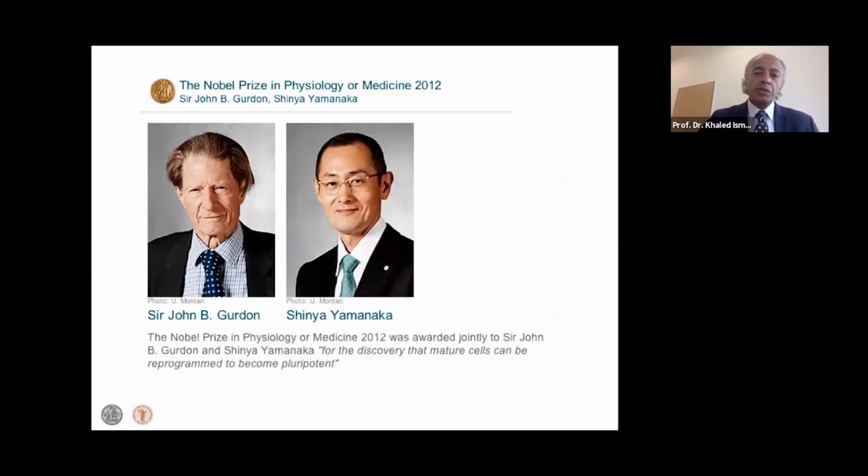The reason for this was not fully understood until these two scientists made their experiments and discoveries. They didn't work together, but they jointly won a Nobel Prize. And these two scientists, through their work, were able for the first time to take back a mature cell, take it back to its cell of origin, which is the pluripotent cell.